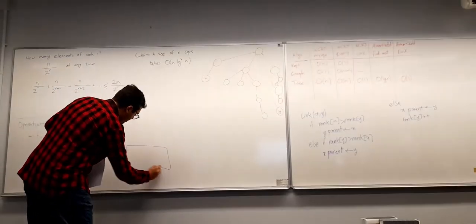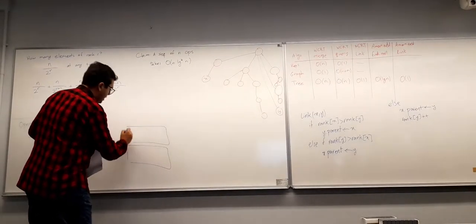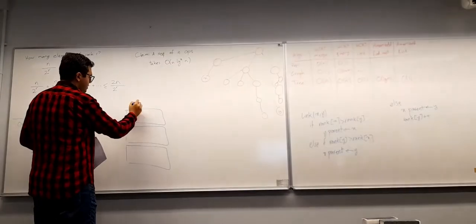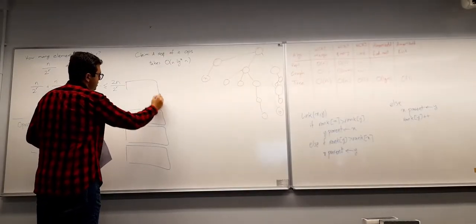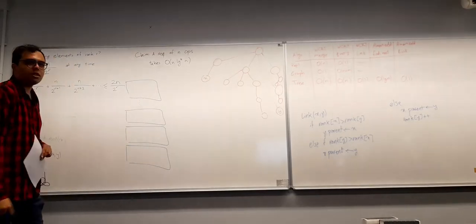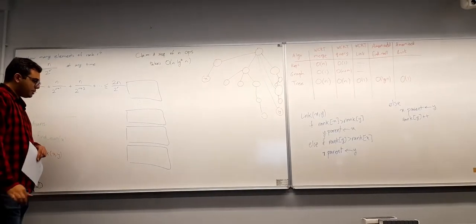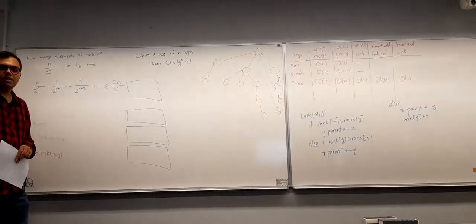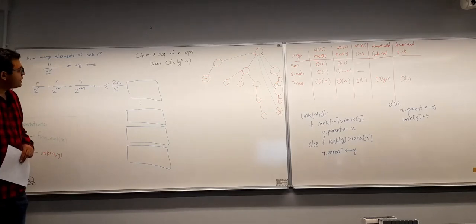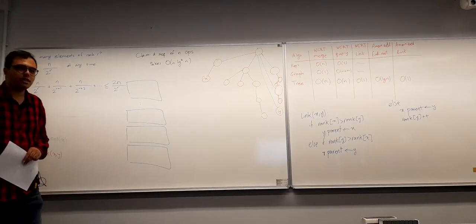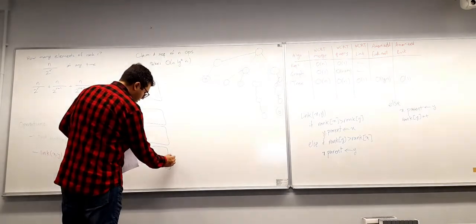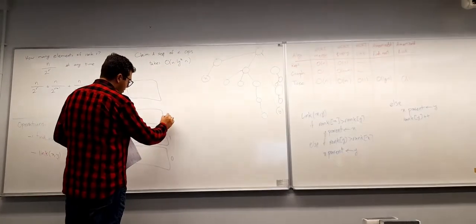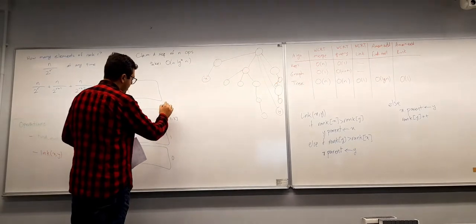Let's say I have a bunch of groups, and I'm dividing my elements between these groups based on their rank. So the first group would consist of all the elements that have rank 0 or 1, let's say. Or maybe I can just say rank 0 here, rank 1 here, rank 2 and 3 here, and so on.